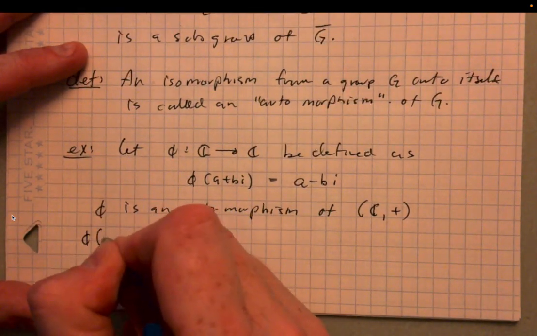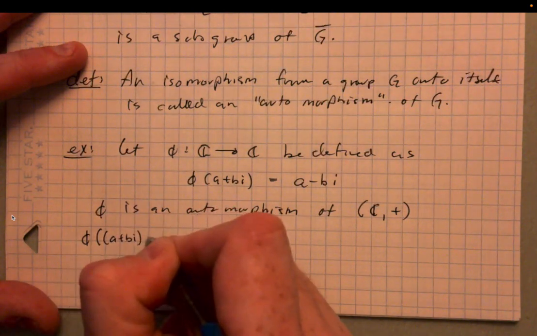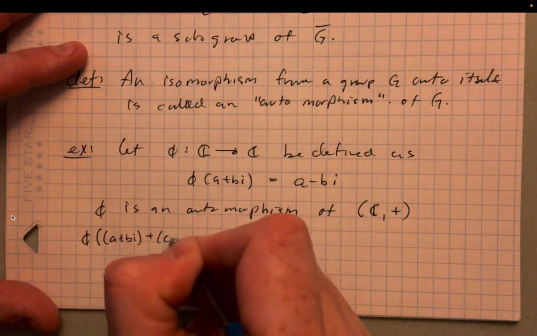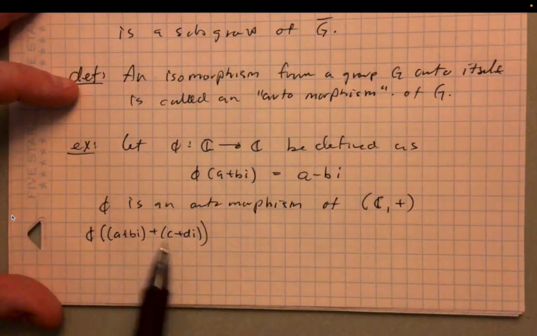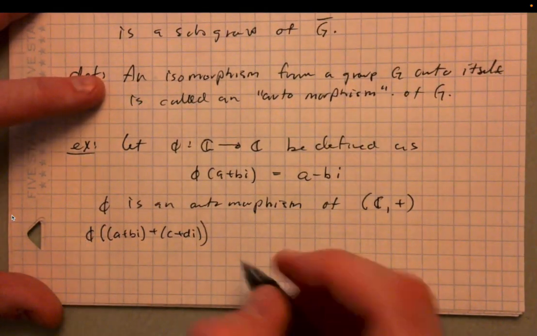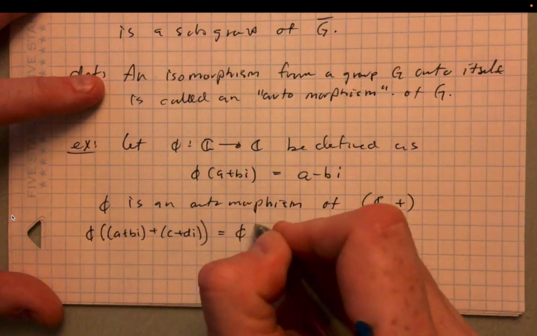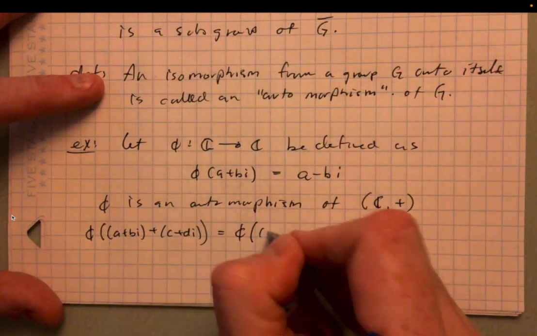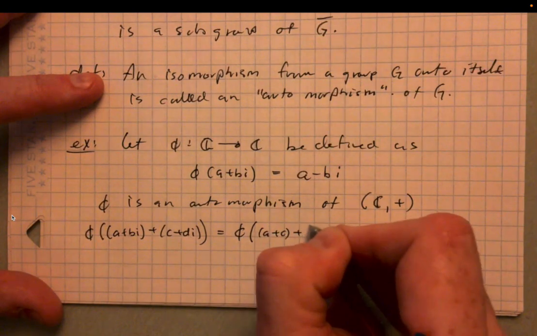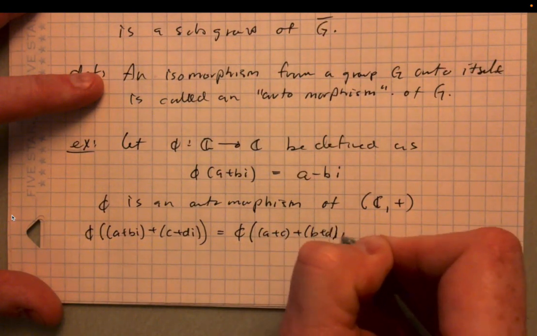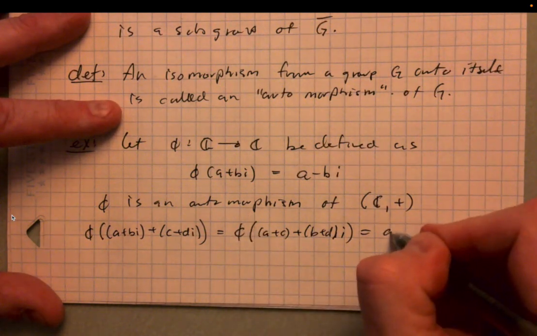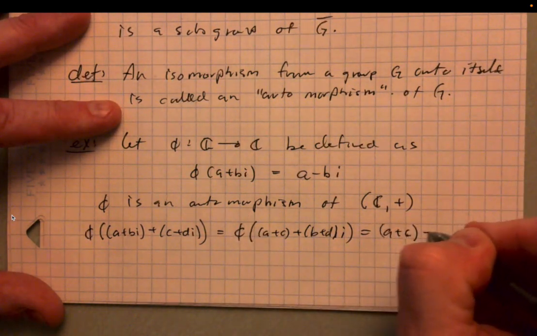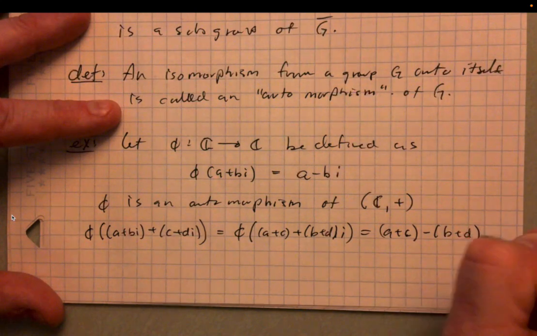So if I take A plus BI plus C plus DI, these are obviously elements in C, and I add them together, what I can see is that this is going to be equal to phi of A plus C plus B plus DI, which under phi is equal to A plus C minus B plus DI.